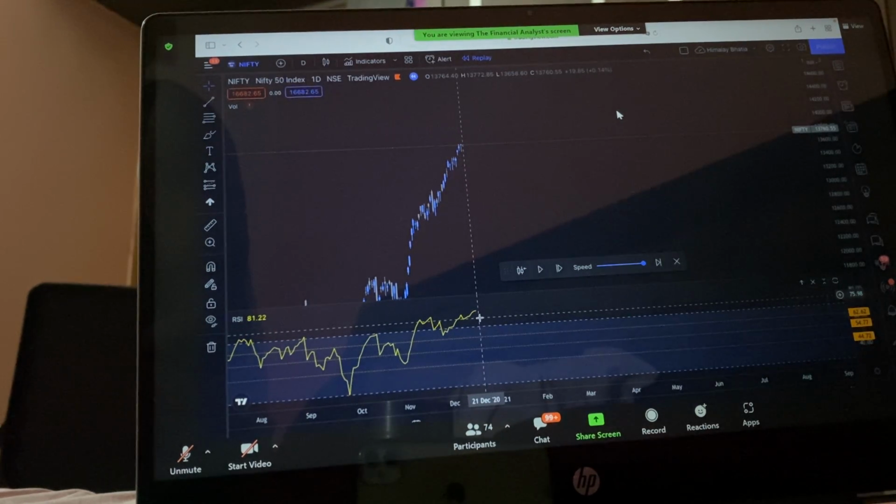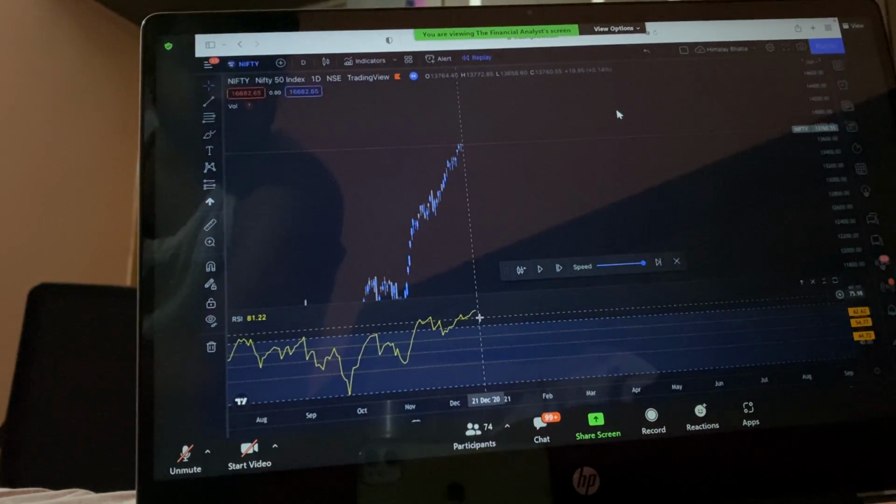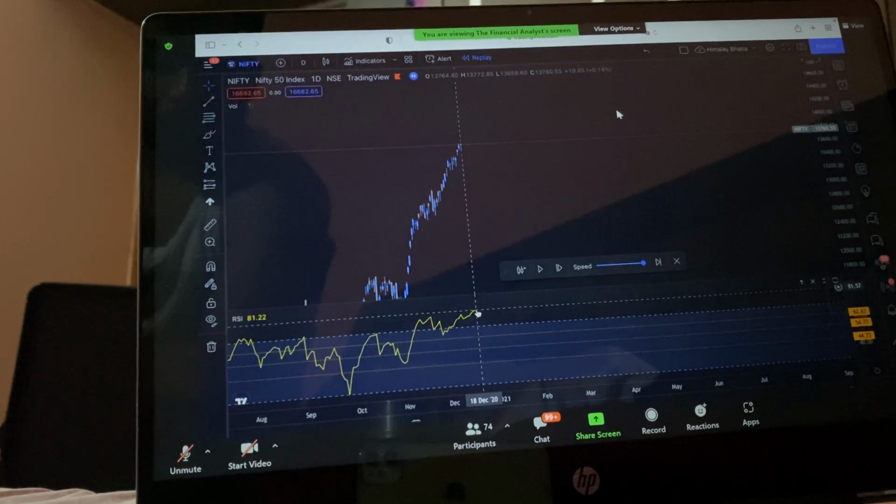So this is a rare situation on Nifty. So that is why I thought, why not go and see when the last time Nifty breached the 80 mark. And I was surprised to see that last time when Nifty breached the 80 mark was, I think it was January 2018, and before that was in 2014.